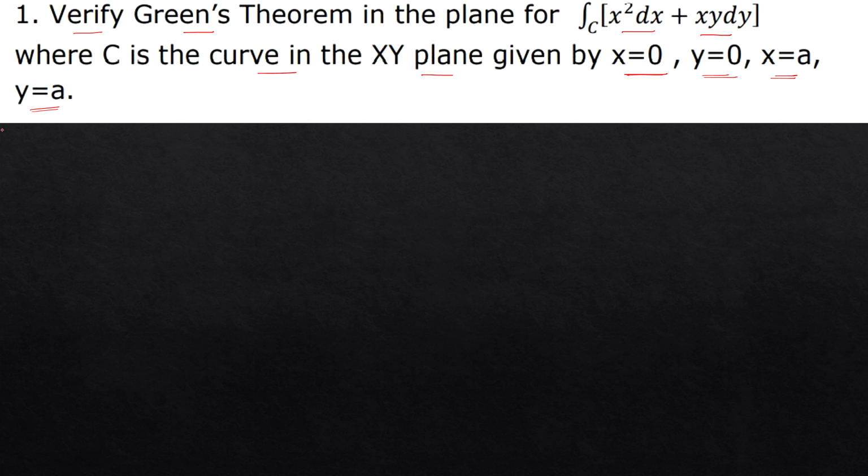Okay, now see here, let me write the question first. Given integral x square dx plus xy dy, and given the limits are x equal to 0, y equal to 0, x equal to a, and y equal to a.